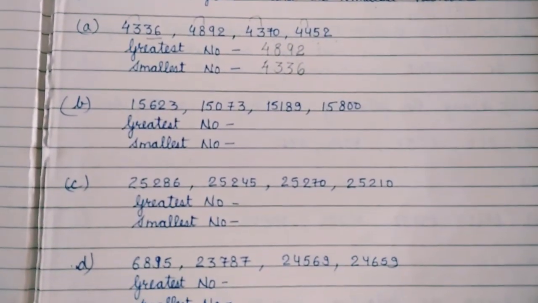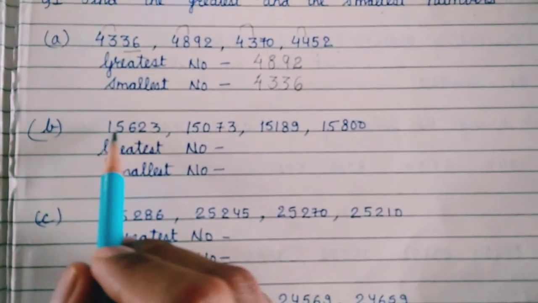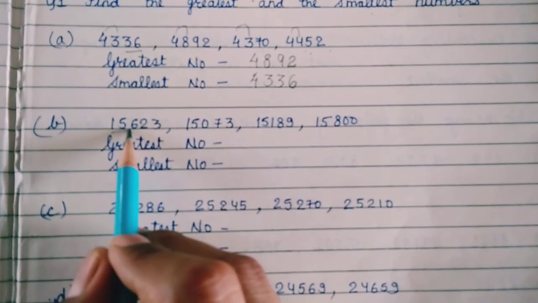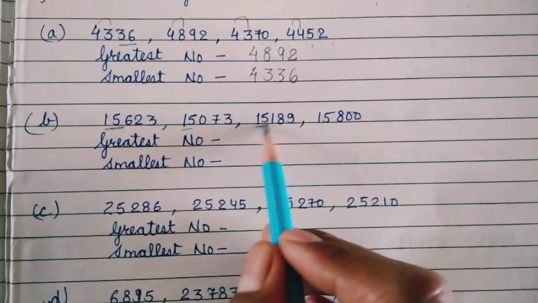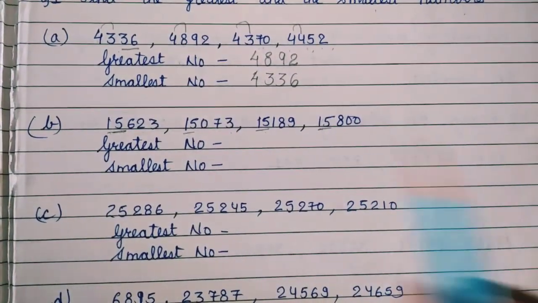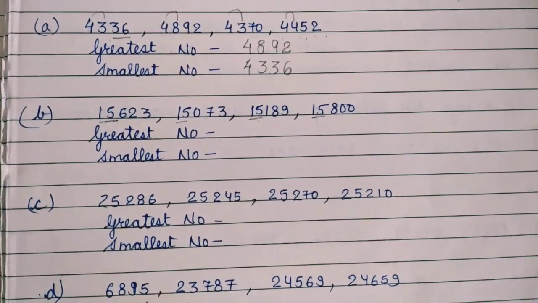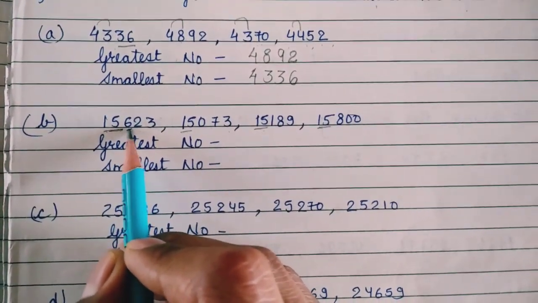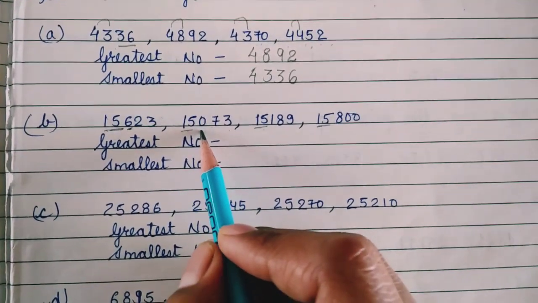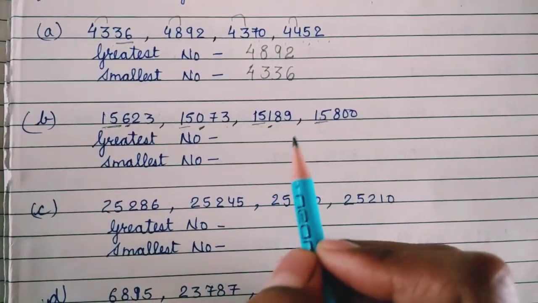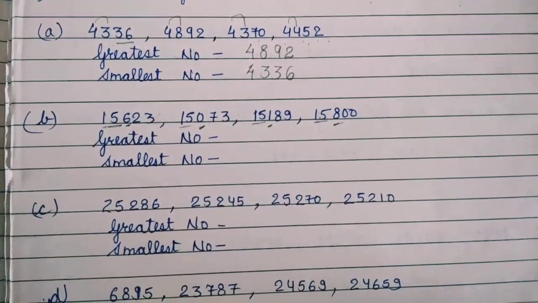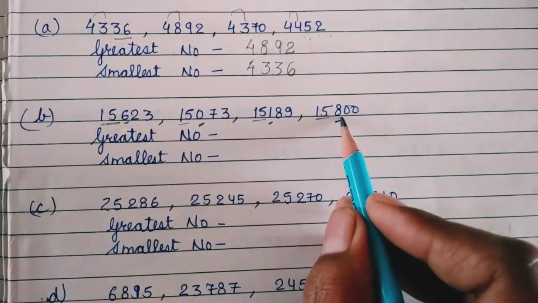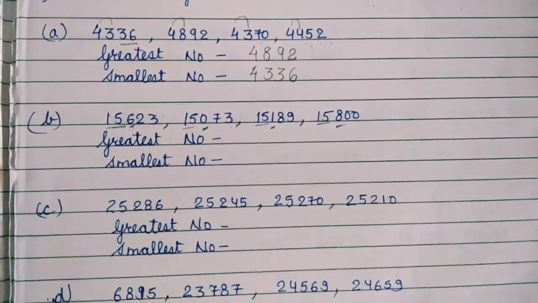Okay. So firstly we will see 15 from the left hand side. You can simply see here we have 15, 15, 15, 15. All are having 15. Now after 15, this is having 6. Here we have 0. Here we have 1. And here we have 8. Okay. So in between the 0 and 8, 6 and 1 is coming.